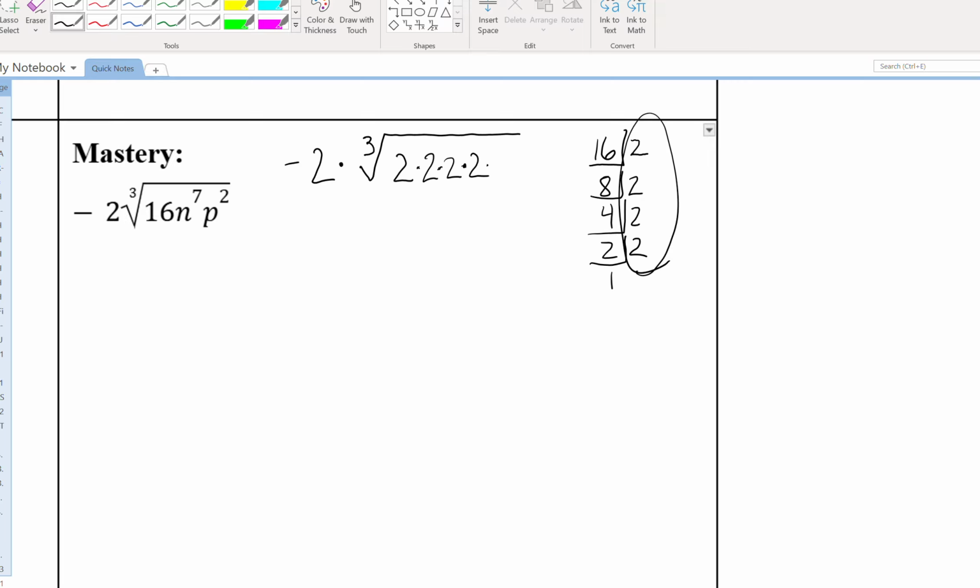And then with the n's, I'm going to do this. I'm going to write this as n squared raised to the 3rd power times n.